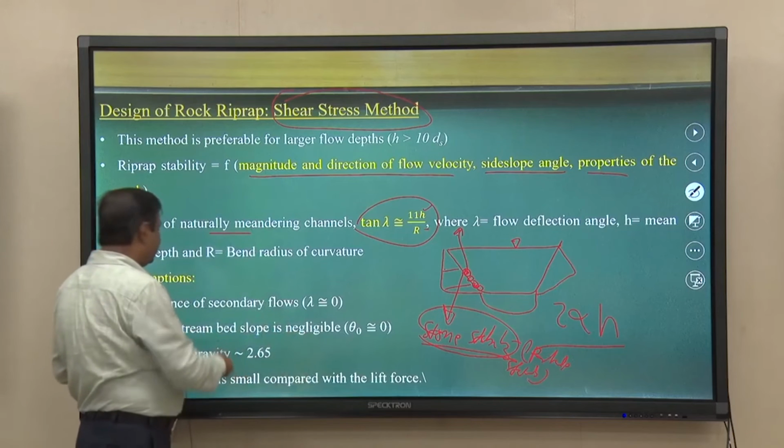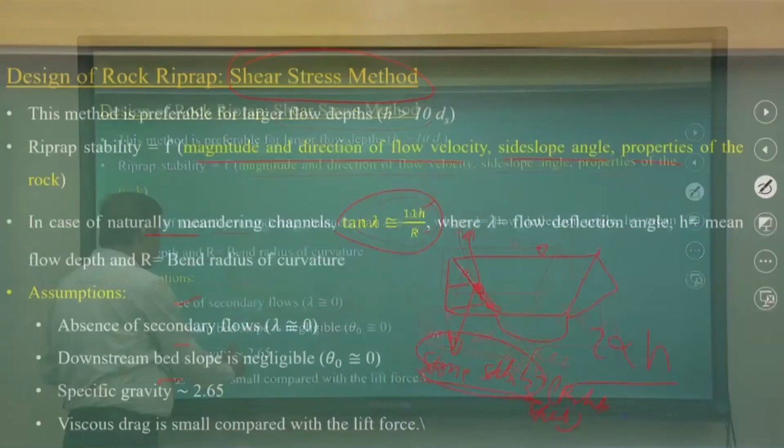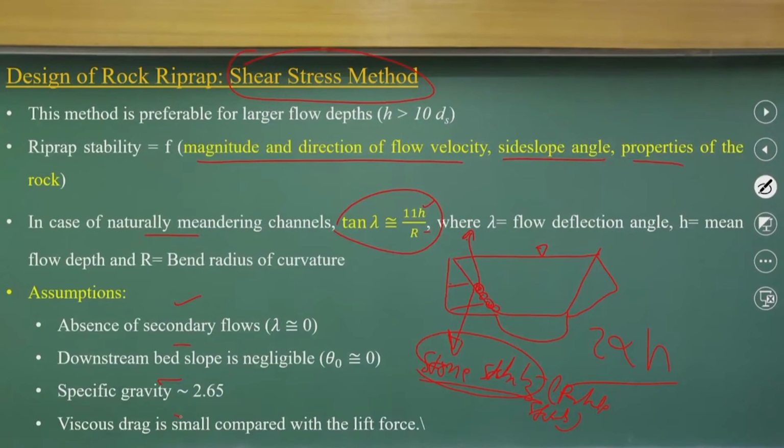If you look at that, you can have certain assumptions. The specific gravity of the stone is 2.65, the downstream bed slope is negligible, and there is an absence of secondary flow.